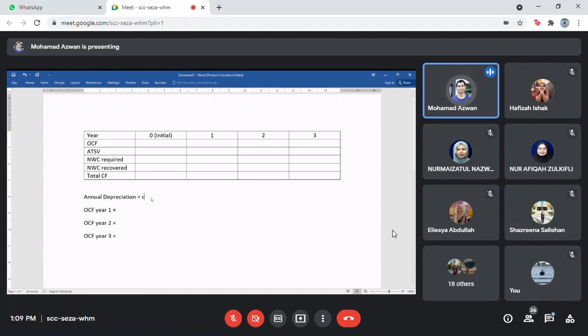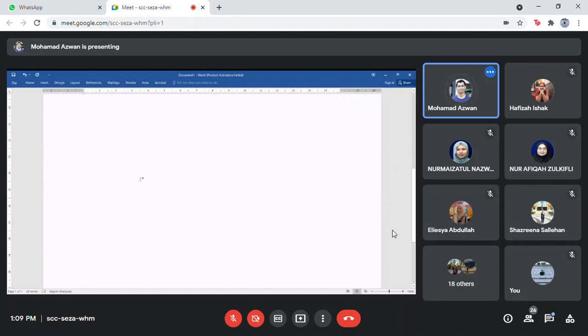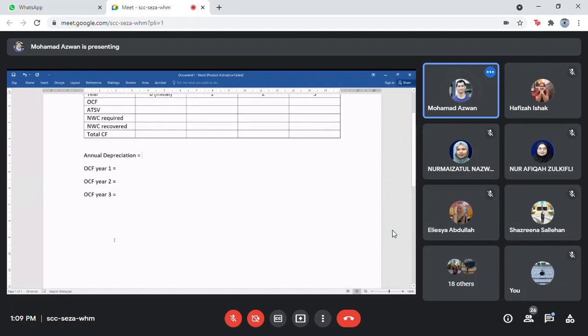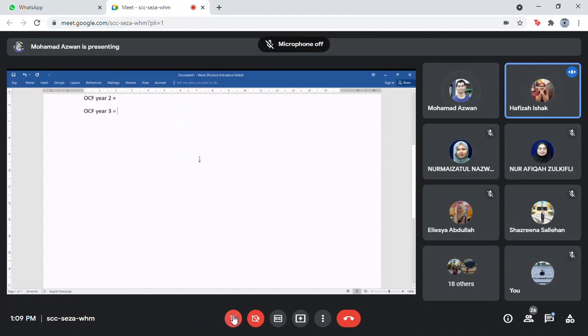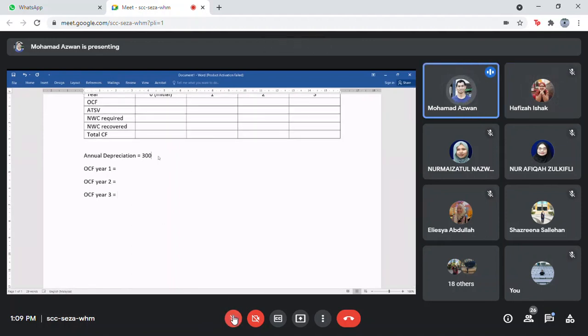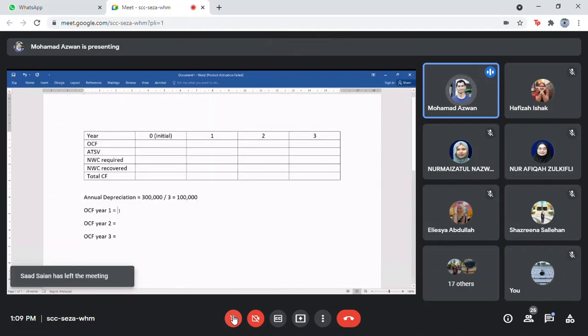You take the cost of fixed asset, how much? 300,000. 300,000 divided by the number of years of project life. How many years? 3 years. So how much? 100,000. Okay.